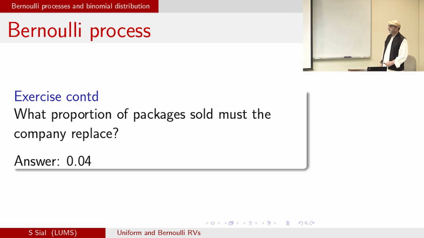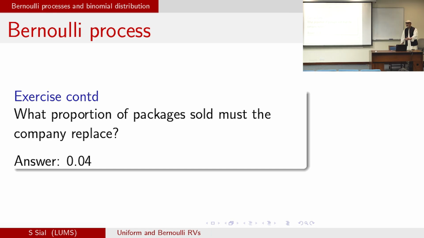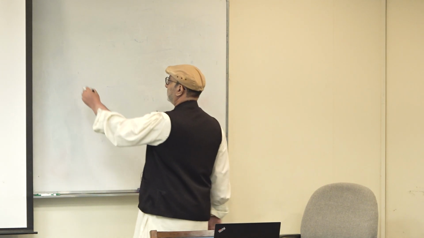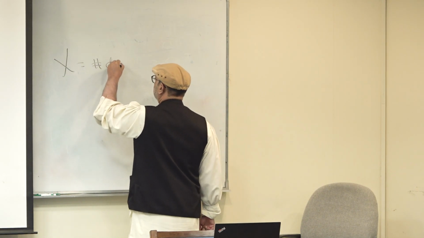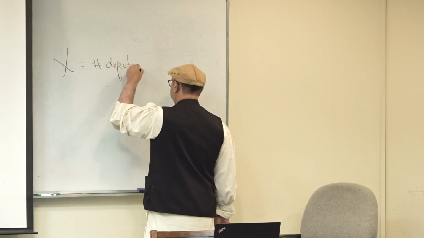If you have 0 or 1 defective, we don't give you your money back. If you have more than 1 defective, then we give you the money back. X is the number of defective.